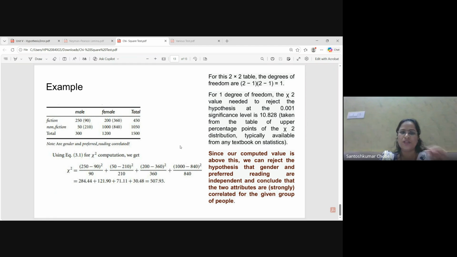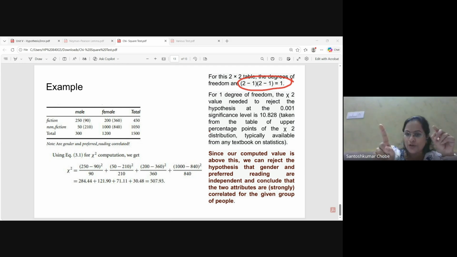And then we can calculate the chi-square formula. And then again, the degree of freedom is to be seen. So over here, the degree of freedom is 2 minus 1, 2 minus 1, because there are two different categories, male, female, and fiction, non-fiction, correct? So 2 minus 1, 2 minus 1, which is going to be 1.